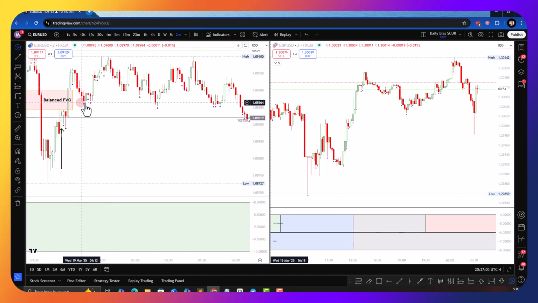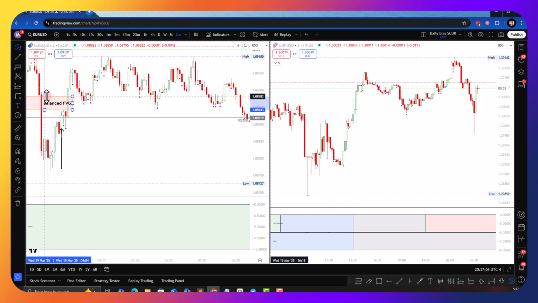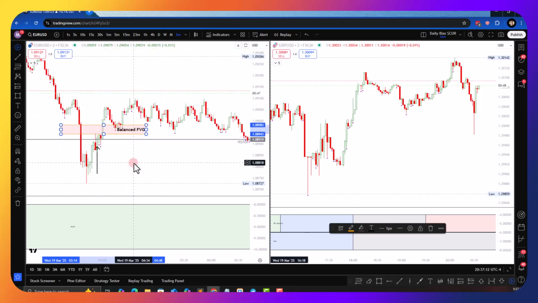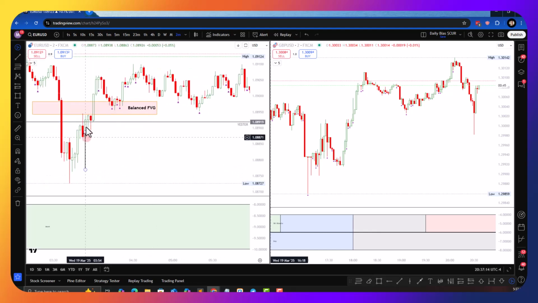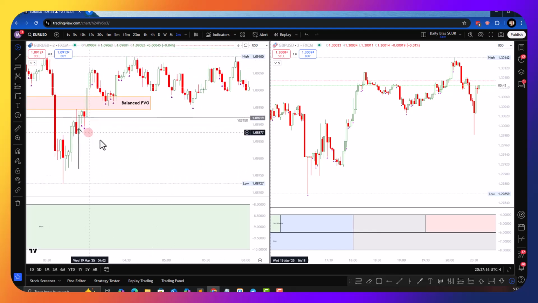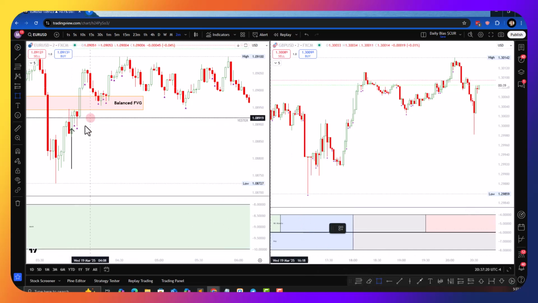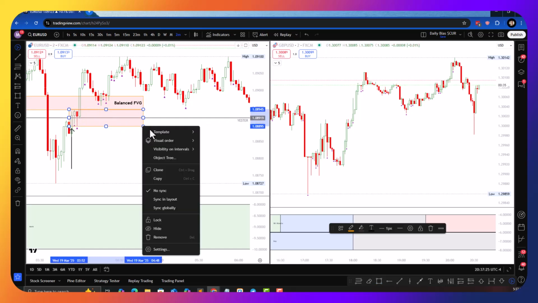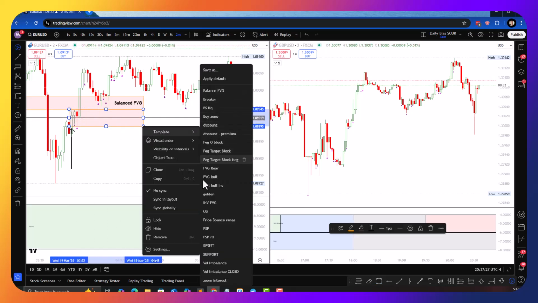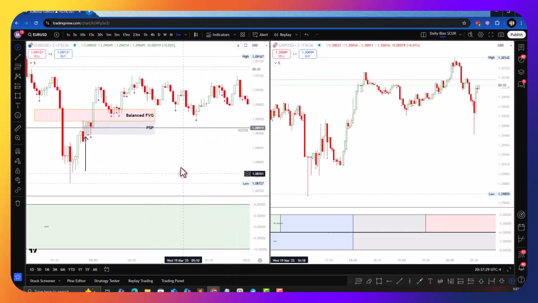I still would consider this to be the balanced fair value gap. This is what I would consider for possible entry. And you're seeing PSP candles validating this as well. So what you would do is you would mark out these PSP candles and treat them like order blocks for entry.